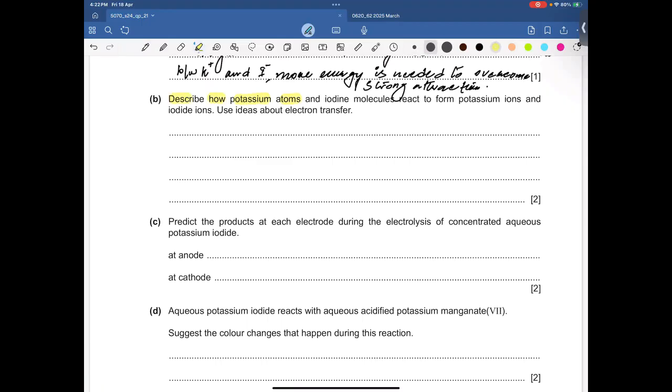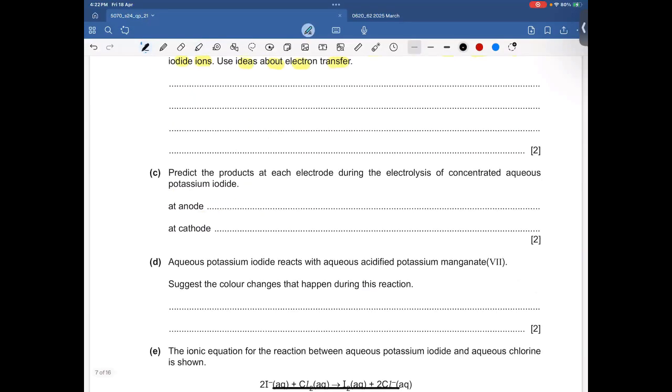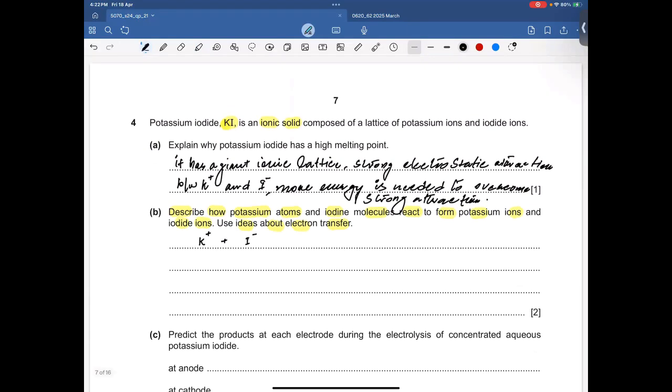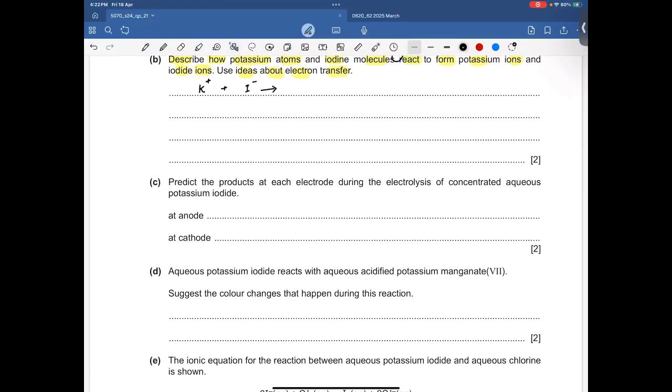Describe how potassium atoms and iodine molecules react to form potassium ions and iodide ions. Use the idea of electron transfer. First of all, let's make the equation. This is potassium ion. This is iodide ion. Converting into potassium iodide.